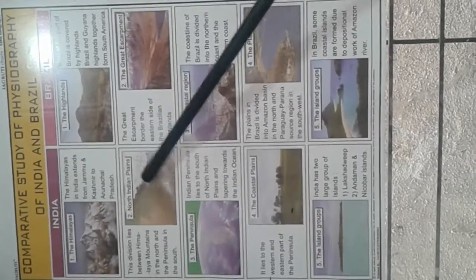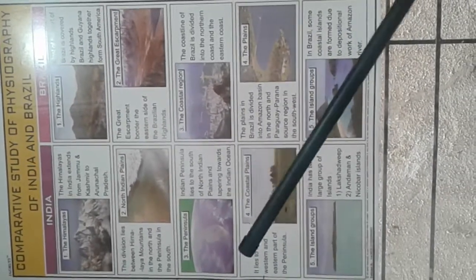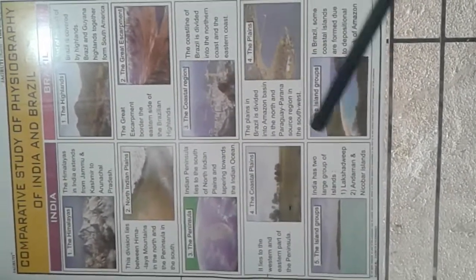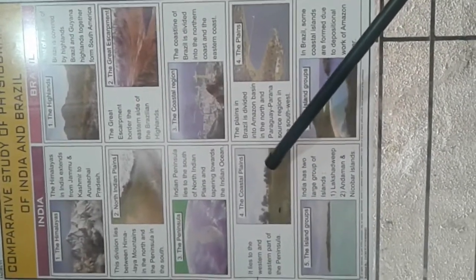When you go south of the North Indian Plains, what you get is the peninsula. The Indian peninsula lies to the south of the North Indian Plains, and as you see, it's a triangle and it tapers down to the Indian Ocean. Because of it, it's called a peninsula. Then the fourth physiographic division is the coastal plains.